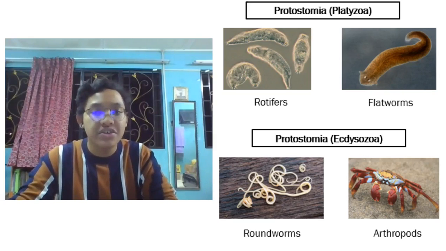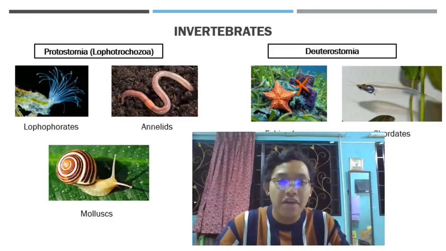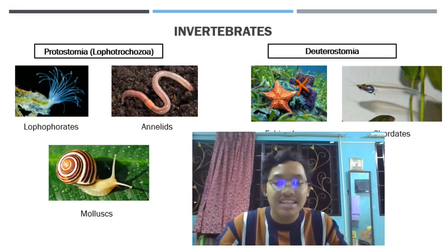Next up, we have Protostomia ecdysozoa, which are made out of roundworms such as ascaris, pinworms, and hookworms, and also arthropods such as crustaceans, spiders, centipedes, and millipedes. The fourth group is called Protostomia lophotrochozoa, which consists of lophophorates such as lamp shells and bryozoa, annelids such as polychaetes, earthworms and leeches, and also mollusks such as chitons, snails, clams, and squids.